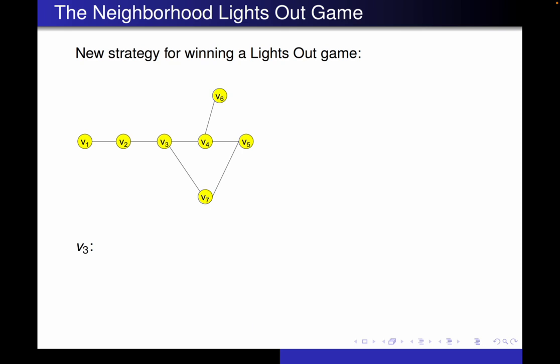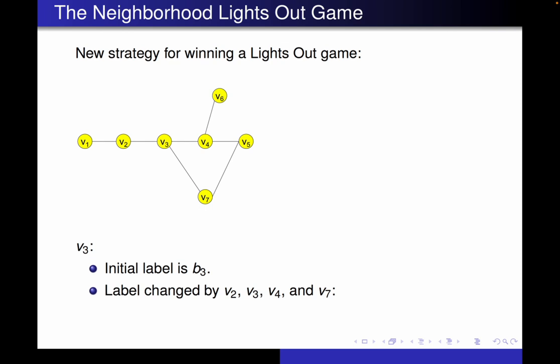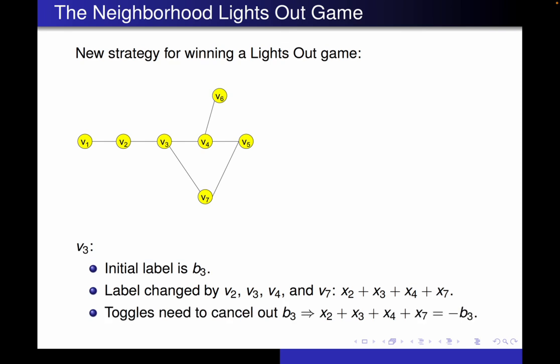For V3, it's very similar. We start off with a label of b3. That one gets changed by V2, V3, V4, and V7, which means it's changed by a total of x2 plus x3 plus x4 plus x7. That has to cancel out the b3, so we set that equal to negative b3.